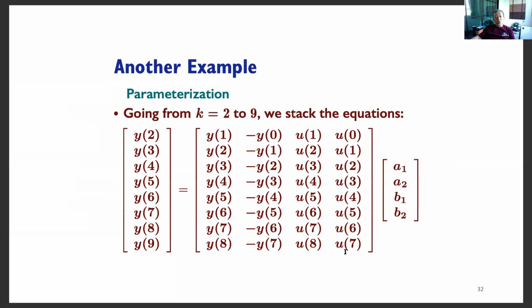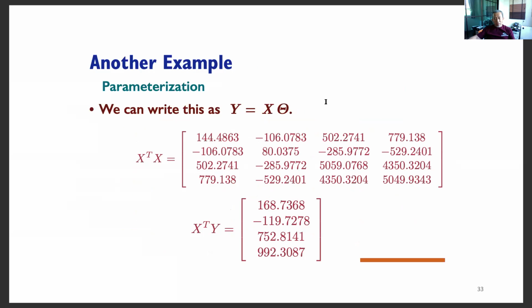So use the same parameterization as the first order, going from k equal to 2 to 9. We stack the equations as shown here, with the unknown values A1, A2, B1, and B2 at the back of the equations. Then we apply y is equal to x theta. In the notes it is A theta, so x and A are the same thing.